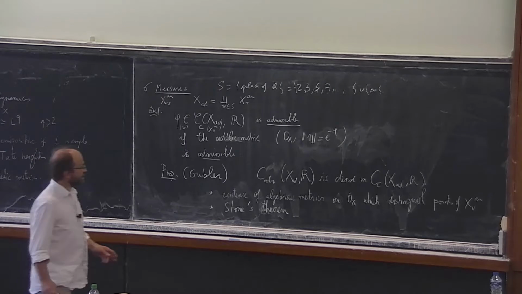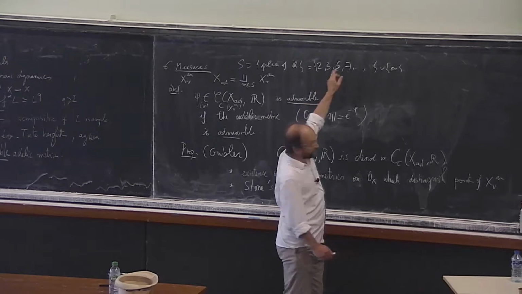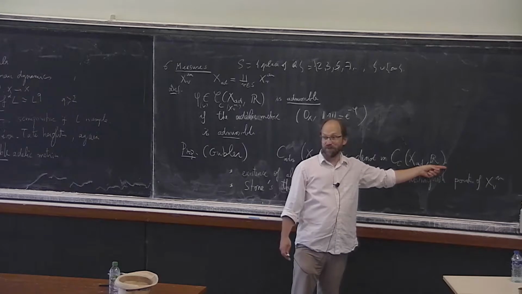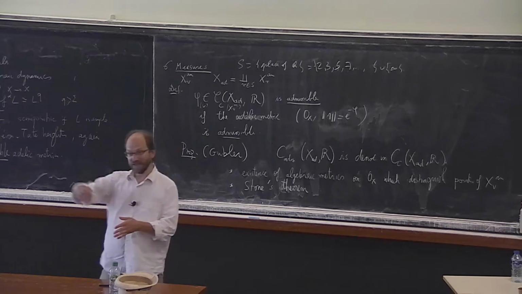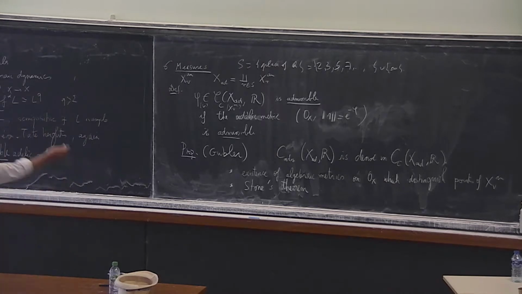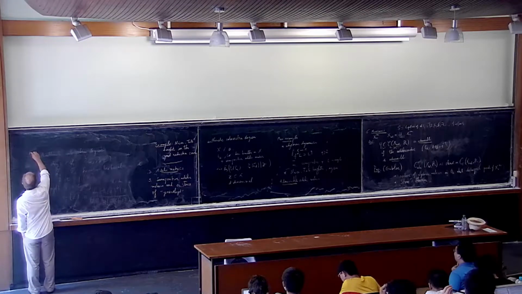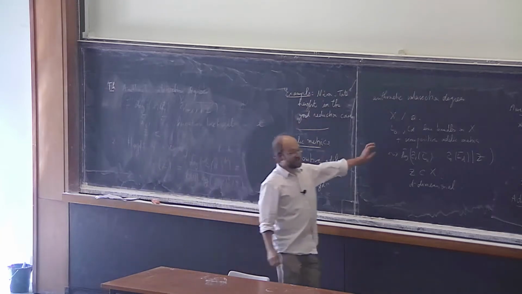And if I take something in C_c of X hat, and X hat is not compact, that's a disjoint union of infinitely many objects, it means that any function there has to vanish at almost all places, and at the remaining places, it's a limit of algebraic metrics. So that's the definition of the inductive topology, the topology on the space of continuous functions with compact support.